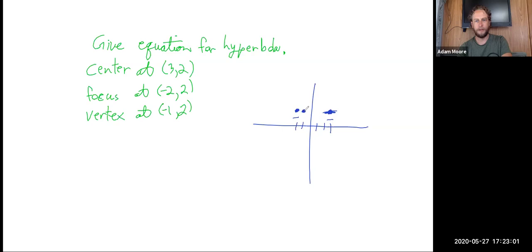And that's a vertex. And what I want to do is I'll put C for center, F for focus, V for vertex. And then this is what I want you to notice, guys. A vertex. We know what vertices are in terms of conics. Like when we had a parabola, a vertex was the dot where it turned around. And the same thing if it was a sideways one, it's the place where it turned around.